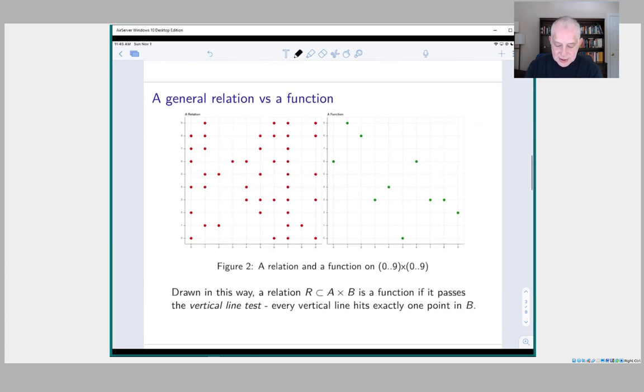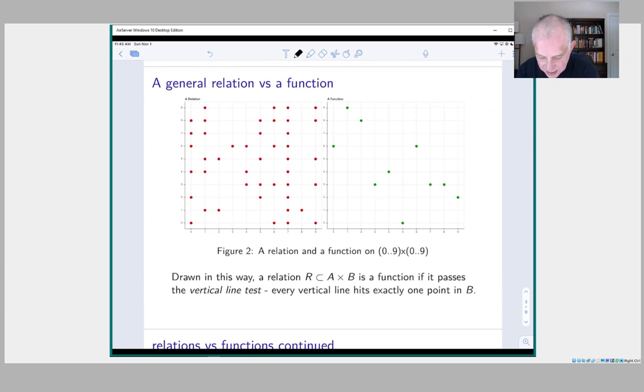So here's a picture of the situation. Here the domain and codomain are both the integers 0, 1, 2, up to 9. On the left-hand side, I've drawn an arbitrary subset of that Cartesian product. The red dots are an arbitrary subset of the Cartesian product of A with B. On the right-hand side, I've drawn a function on the same domain and codomain.